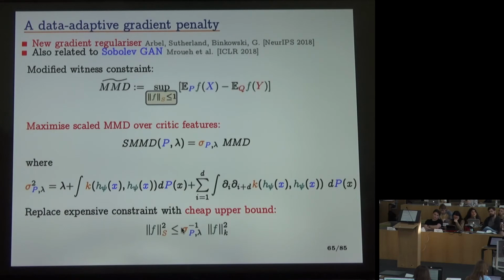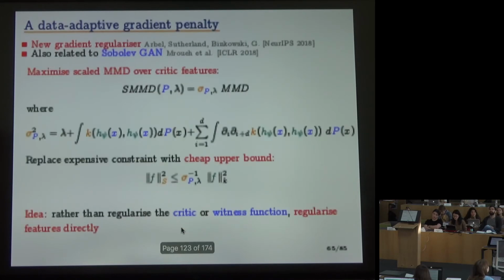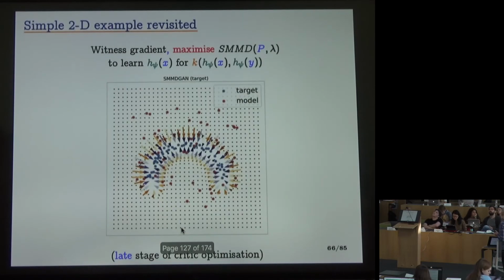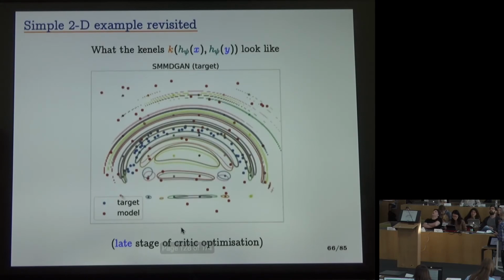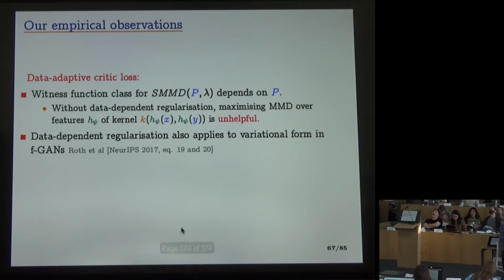If I use a problem-specific regularizer, I can focus in on features that are useful for my problem. Because my generator is limited, I have to do that. So problem-specific witness classes or problem-specific divergence measures are essential for GANs, I would say.